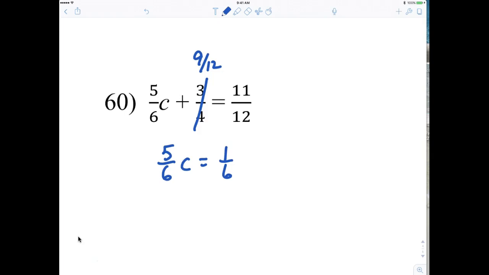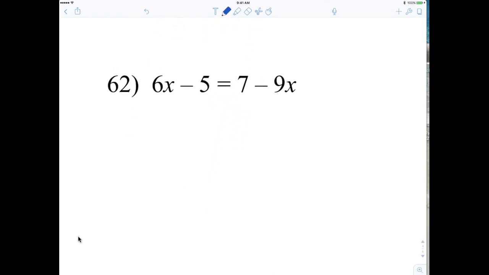Now I'm just going to multiply by 6/5, so when you multiply by 6/5, these cancel. C equals 1/5. Everybody happy? All right. Now, here, you should be able to move things quickly in your head.